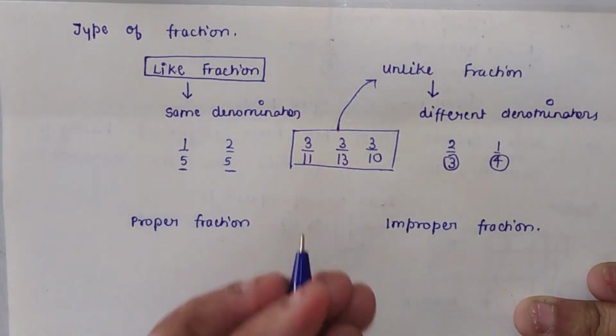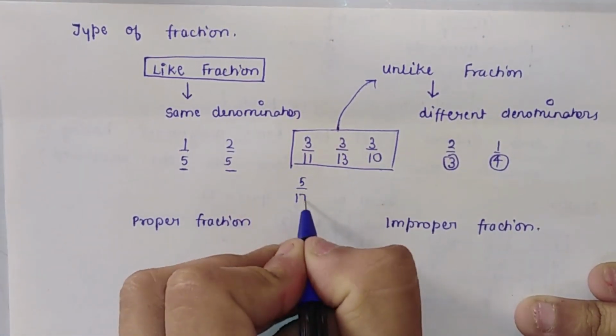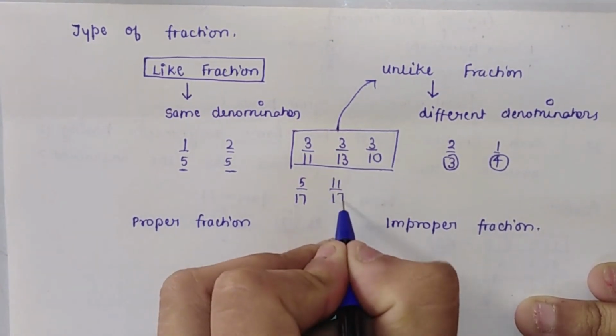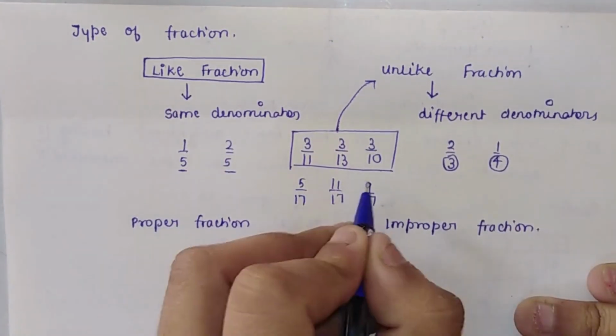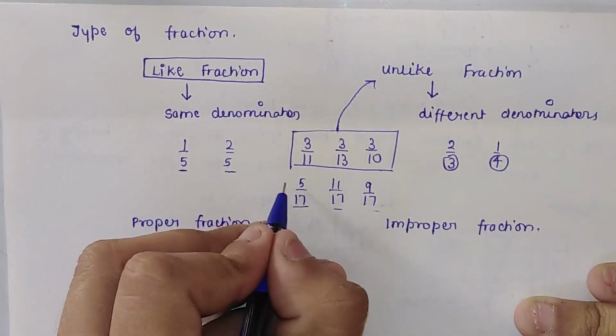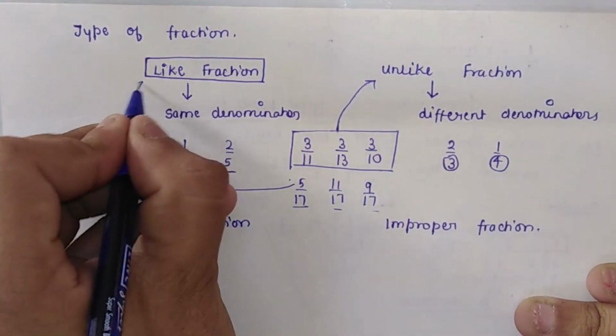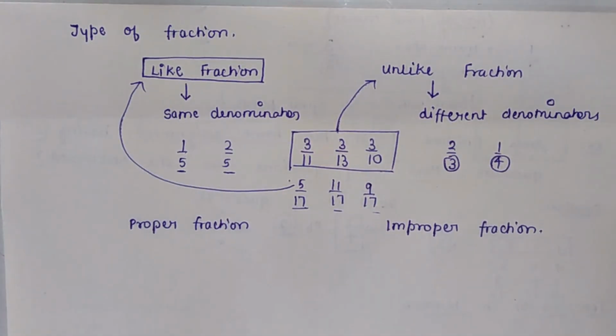Similarly, if I give you an example like 5 by 17, 11 by 17, 9 by 17, they have the same denominator, so they are like fractions. So all you have to remember here is that fractions having the same denominator are like fractions, and if fractions have different denominators, then they are unlike fractions.